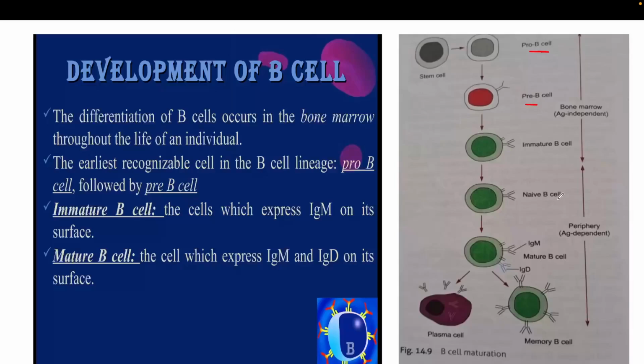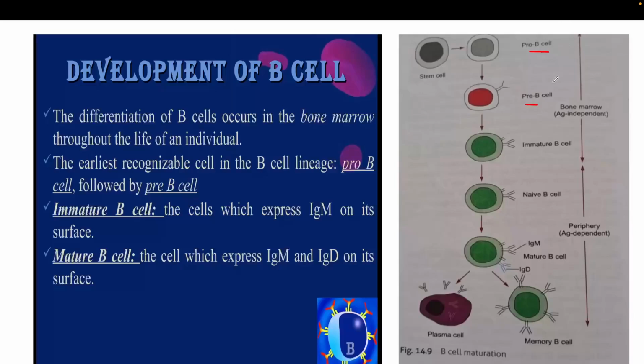So that's why it is called the naive B cell or the mature B cell. Finally, when IgD is also expressed on the surface of the B cell, it is called the mature B cell. After producing the mature B cell, it will move to the periphery, or the secondary lymphoid organ.